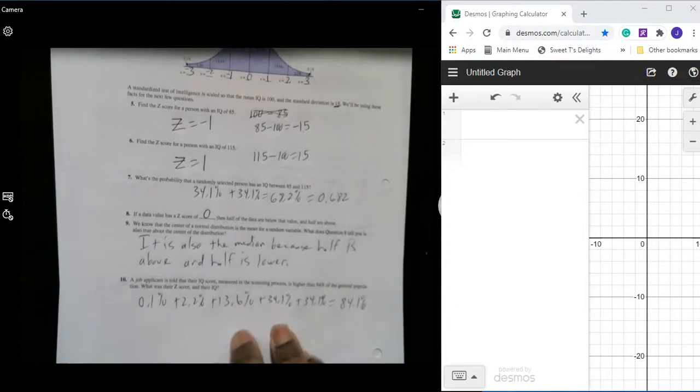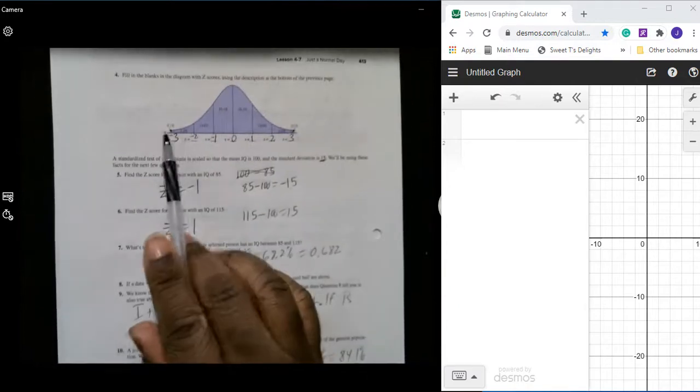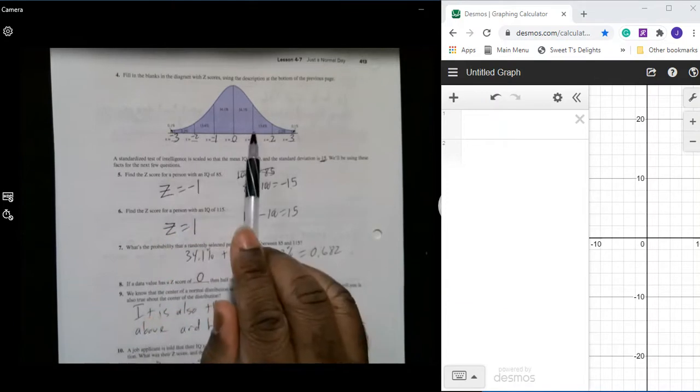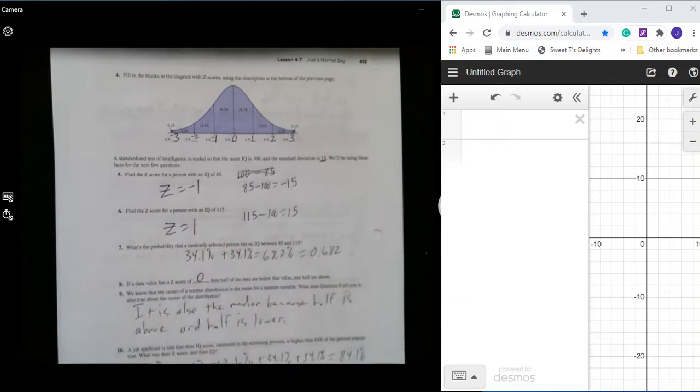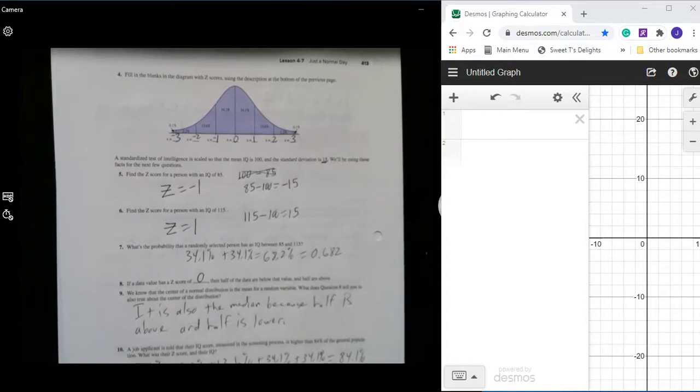So that means that we went from this end here all the way to here, which is the z-score of 1. So their IQ is 100 plus 1 standard deviation, which would be 115. So if they got a score of 115, they have a score that's higher than 84% of the general population.